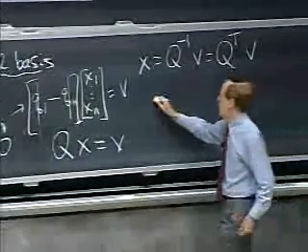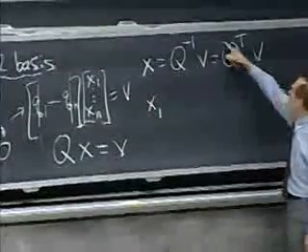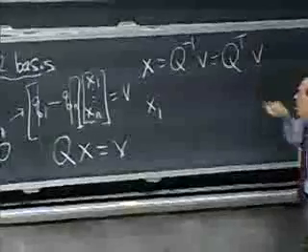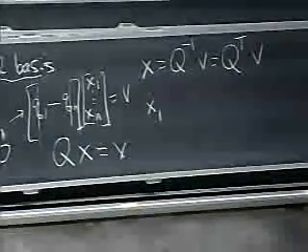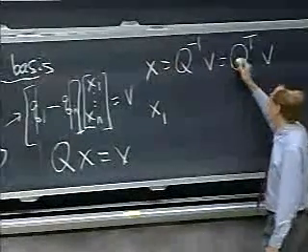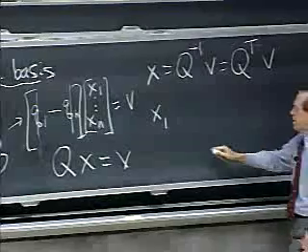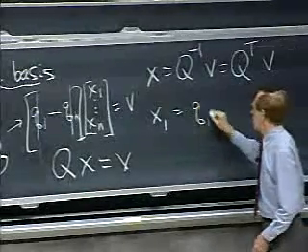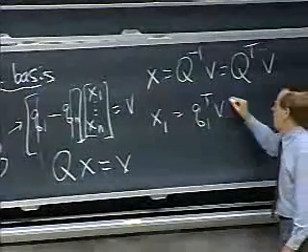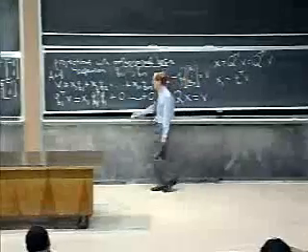So the first component of x is the first row times v. And what's that? The first component of this answer is the first row of Q transpose. That's just q1 transpose times v. So that's what we concluded here too.